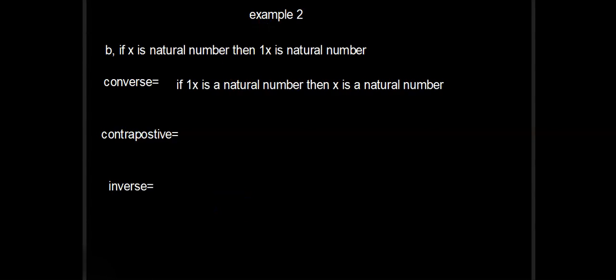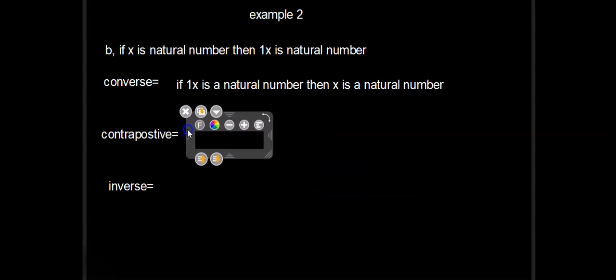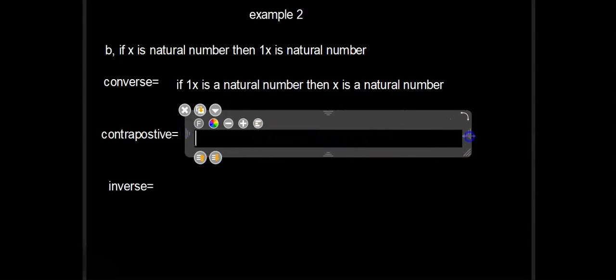Well, what about the contrapositive? As I told you guys, don't forget, the contrapositive involves negation. I have to put the negation sign. When you come to word problems, negation will be a "not". Not means negation. It's the same. So: if 1x is not a natural number, then x is not a natural number.